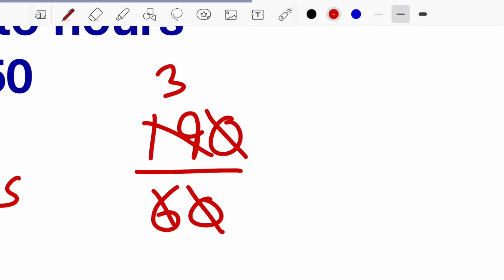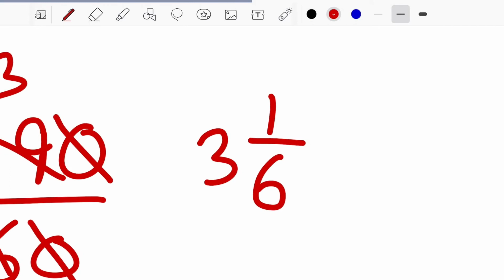But we're going to have a remainder. So we get 3, remainder 1. So we're going to put that back over the denominator, which is 6. So we have 3 1/6 hours.